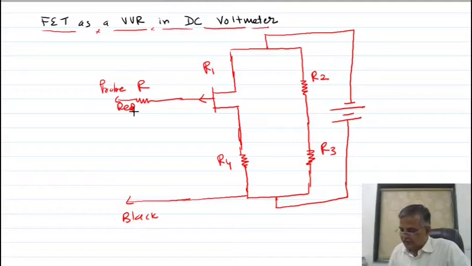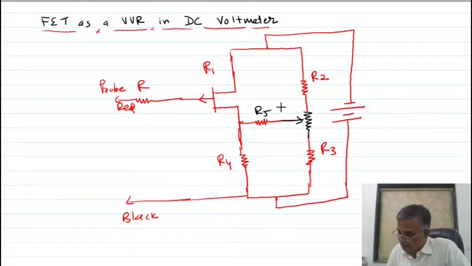Now look here. Just for the adjustment of the zero, we are keeping a potentiometer. Let us say this is R5, this is R6. For zero adjustment I am using this.